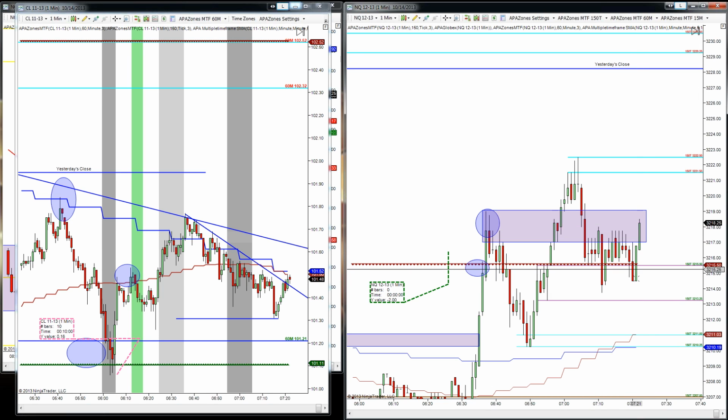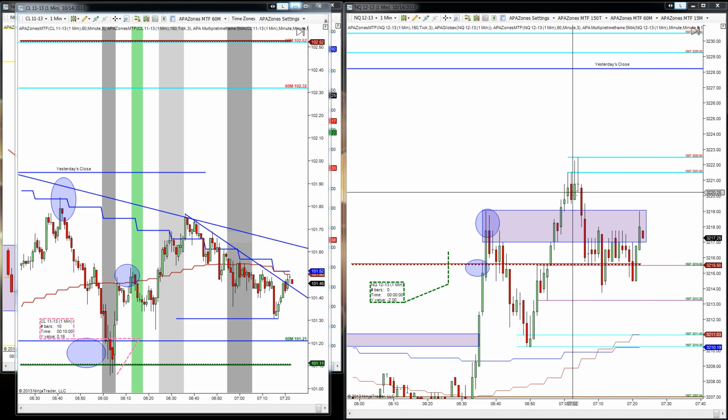And this green bar has no wick on it whatsoever, so it's a pretty bullish bar. Let's see if we can get some follow through up here to this high.